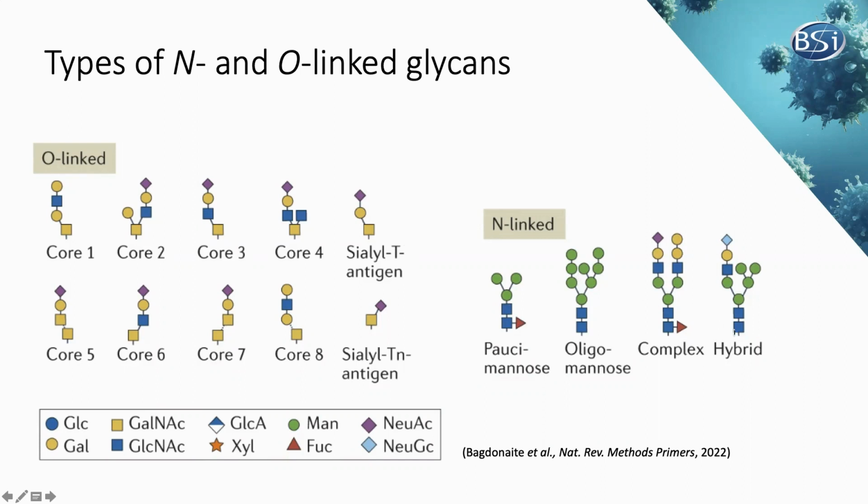Complex and hybrid glycans may contain galactose, GlcNAc residues, as well as GalNAc and fucose, and other monomers such as N-acetylneuraminic acid and N-glycolylneuraminic acid located on their antennae.